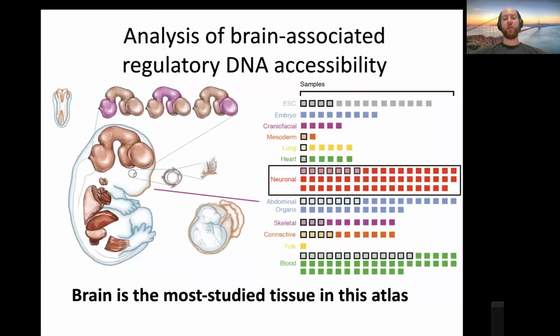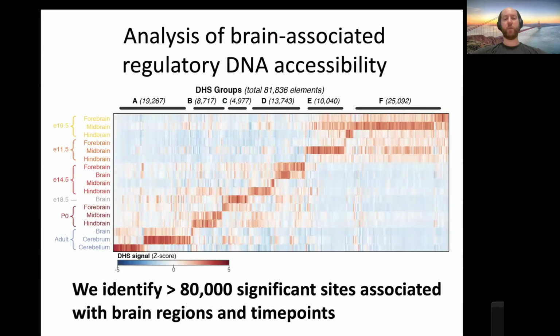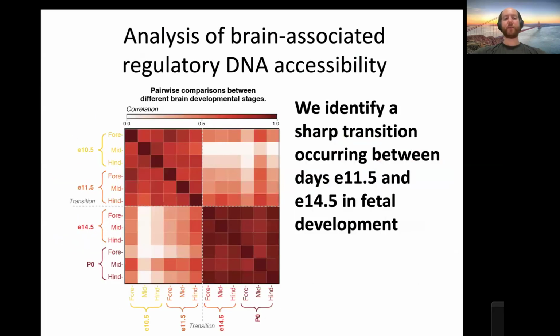And so when we looked at the brain DNA, we focused very specifically on neuronal samples. We could see this huge amount of change, right, from very early development to late development. And there's a huge shift at a specific point in development, essentially day 11.5 to 14.5, when the mouse goes from being more embryonic type tissue to being more fetal type tissue.